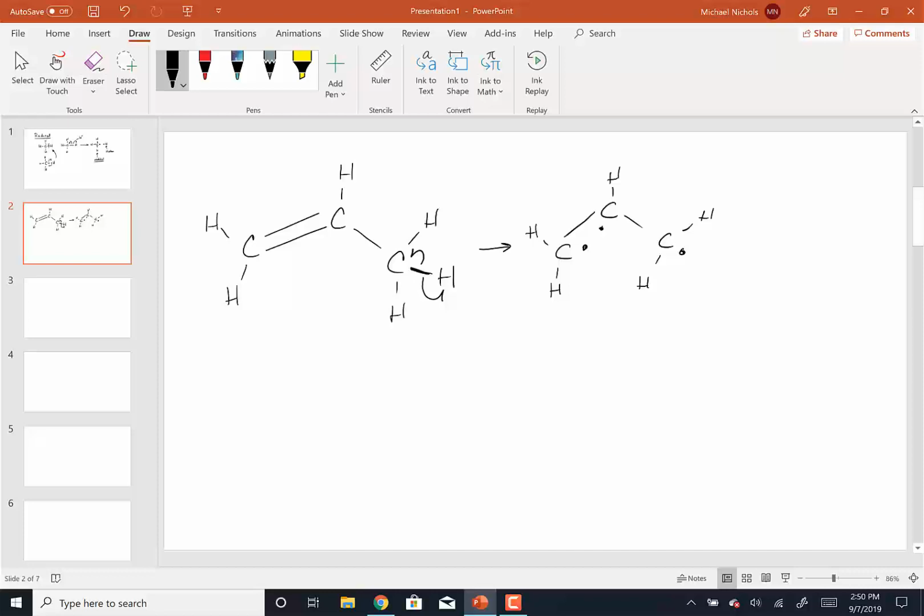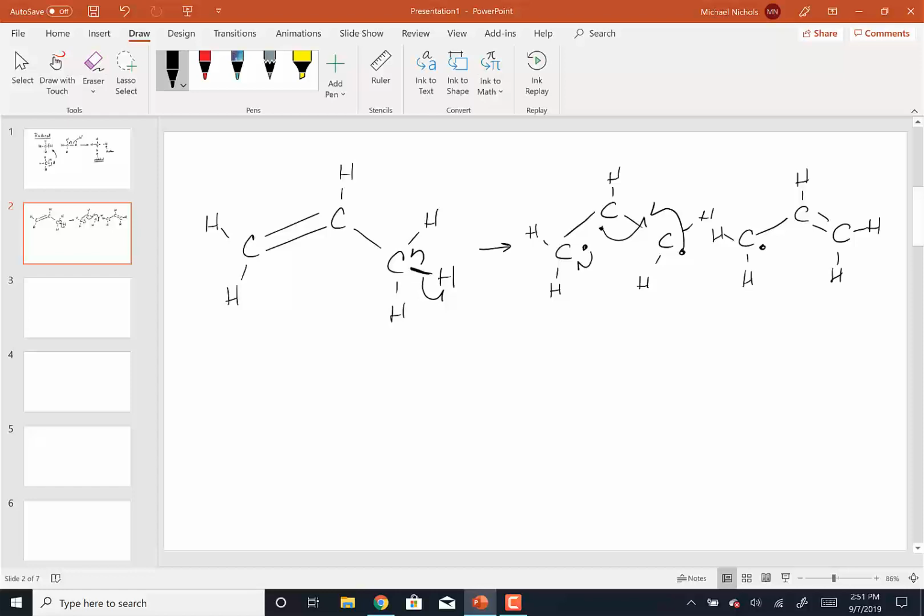For me to write the resonance structure for this, I could take this unpaired electron and now pair it up with that unpaired electron to form a carbon-carbon double bond over on the right-hand side, and that would leave the carbon on the left-hand side with an unpaired electron. And so in this case, we would write the third fishhook showing the unpaired electron going to that carbon. So there's two resonance structures for this.